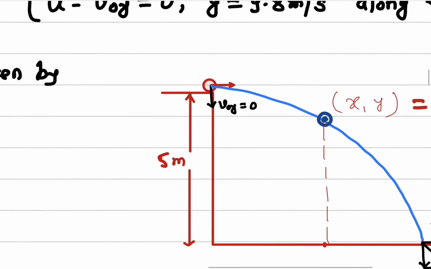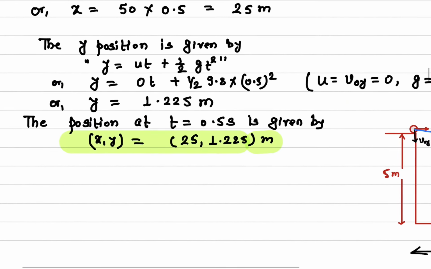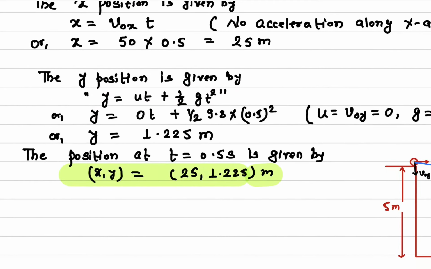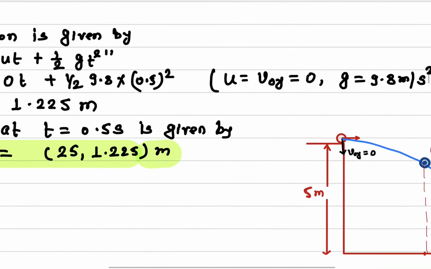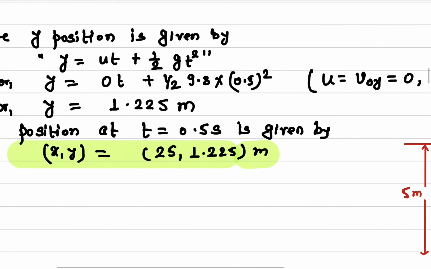Now we need to find what this distance is, the y. In order to calculate the y position, we're going to use exactly the same formula. The only difference is, in this case, we're given the acceleration, which is 9.8, acceleration due to gravity. But the difference is, in this case, the initial velocity is 0. There's no velocity.